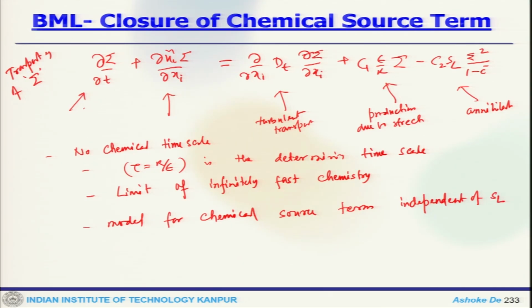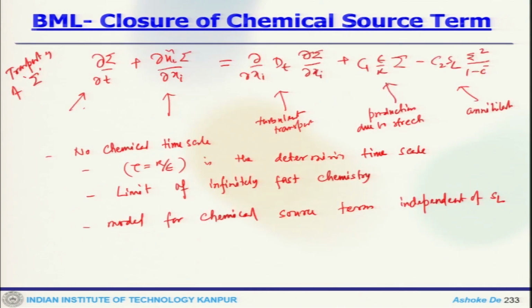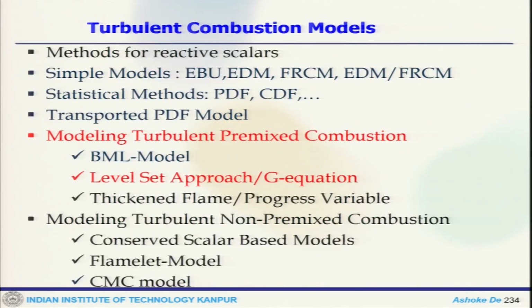So that's what we can find out. That means when you use this source term closure, you can either use the simple algebraic expression, or you can use the transport equation to close it. So that's how we talk about the BML model.